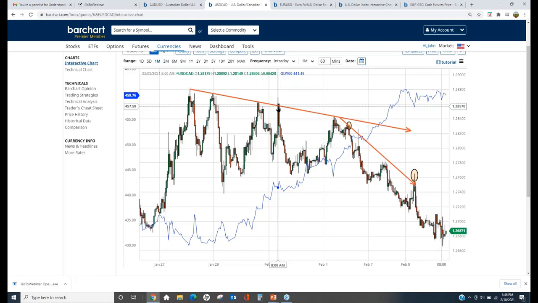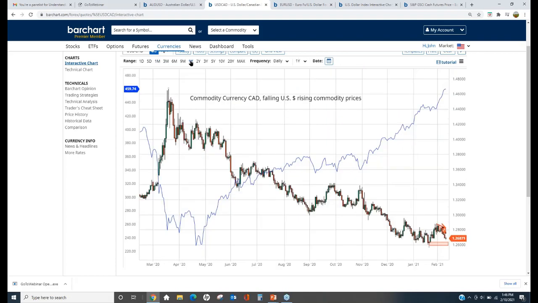And one of the ones is the Canadian dollar, and the other one is the Australian dollar. So what will happen is you will see this correlation between the US dollar and the Canadian dollar, or the US dollar and the Australian dollar, and commodity prices. So for my Forex traders, my futures traders, this is a real powerful tool for you to see if your trend is intact in terms of these different currencies.